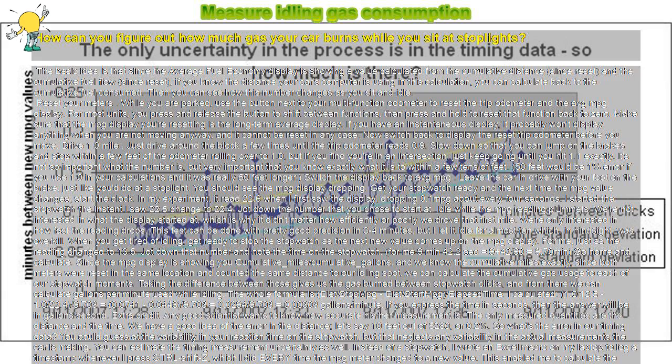Drive 1.0 mile. Just drive around the block a few times until the trip odometer reads 0.9. Slow down so that you can jump on the brakes and stop within a few feet of the odometer rolling over to 1.0, but if you find you're in an intersection, just keep going until you hit 1.1 exactly.